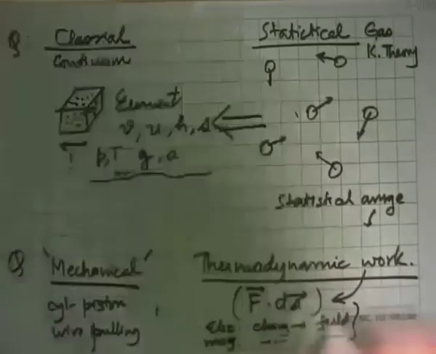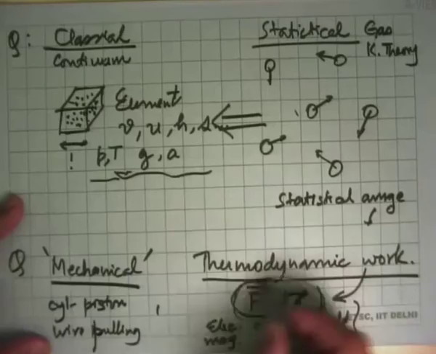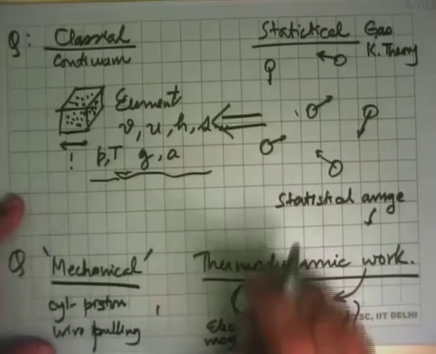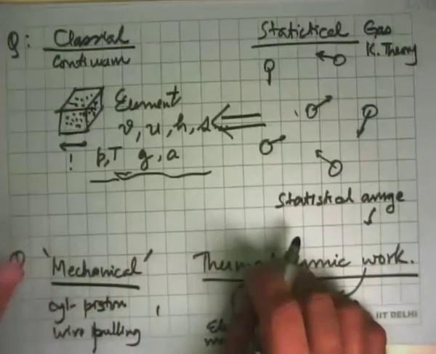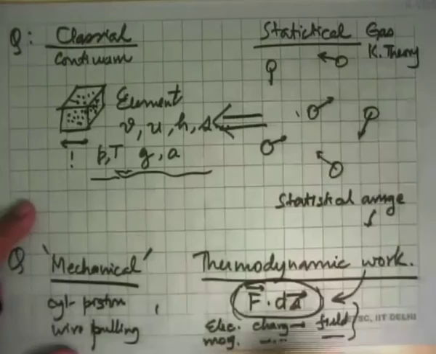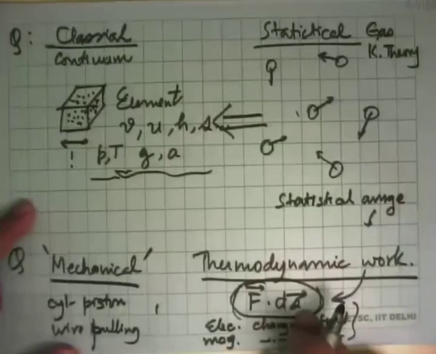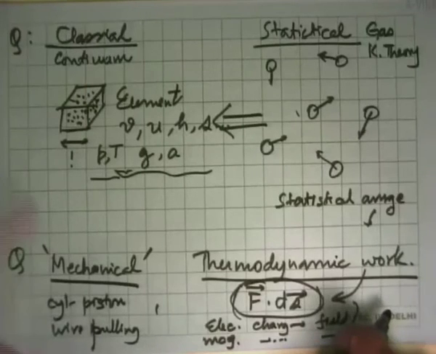So strictly, if you look at mechanical work, we have called F dot ds primarily as force on a rigid body causing a displacement. That you may say is mechanical work. But the thermodynamic definition of work includes everything that includes F dot ds. So charge moving in an electric field in a fuel cell or in a battery is still work, but we do not call it mechanical work.